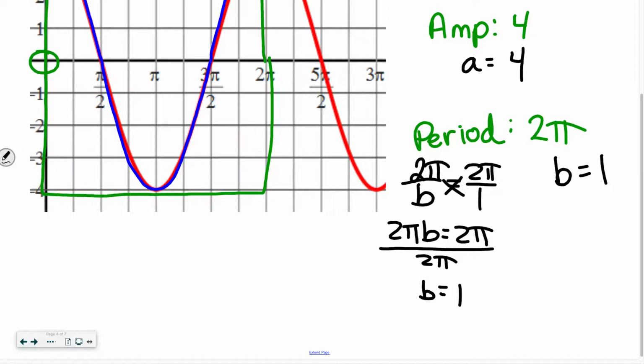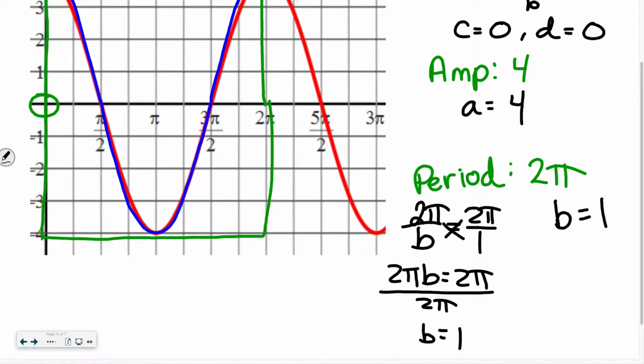So now that I have all my values, A, B, C, and D, and you guys have identified this as a cosine graph, I can write the equation. I could say y equals, or in this case I'm going to say f of x equals, and just put them in the right spots. A times cosine of bx minus c, plus d.